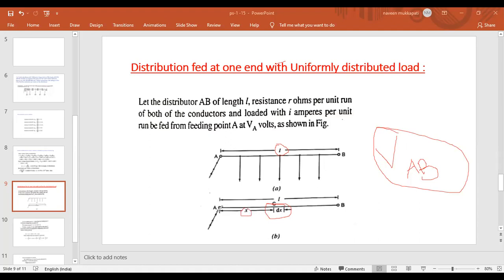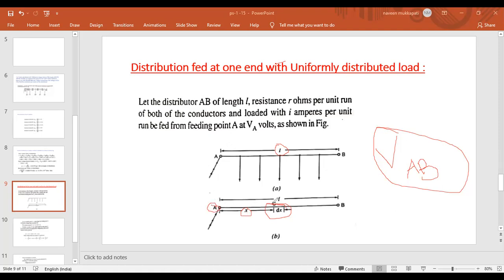This is the AB distributor or feeder. Taking one point C, that will be taken x meters away from the A point.